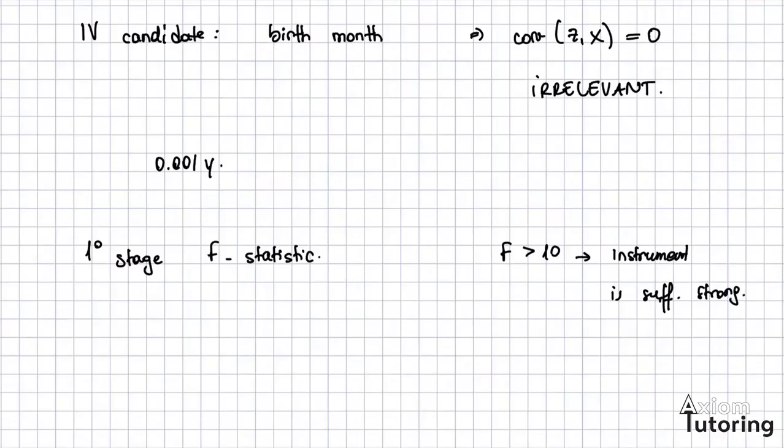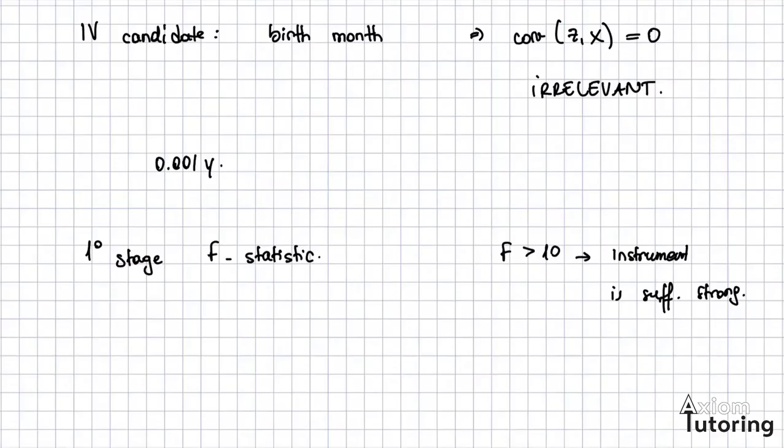And if F is smaller than 10, there is concern about weak instruments, okay? The F statistic tests whether the instrument or instruments jointly explain a meaningful amount of variation in X. That would be your next step. A single t-test is not enough when you have multiple instruments as well, so the F statistic handles that joint test.